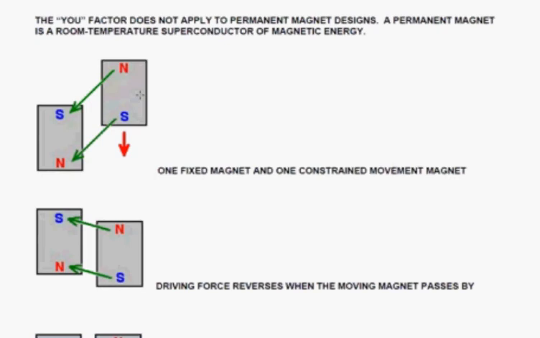In the position shown, the north of the moving magnet is attracted to the south of the fixed magnet, and the south of the moving magnet is attracted to the north of the fixed magnet. That gives you a force indicated by the red arrow, and the moving magnet is pushed downwards.